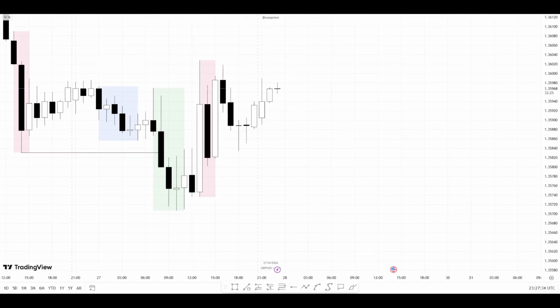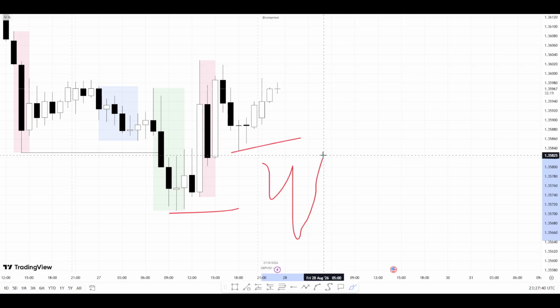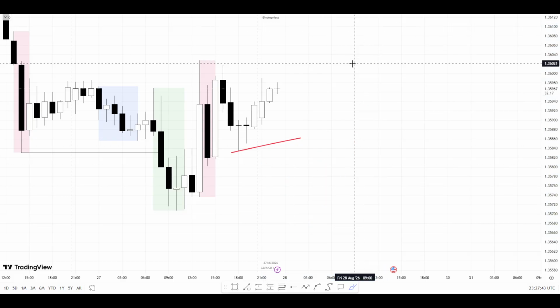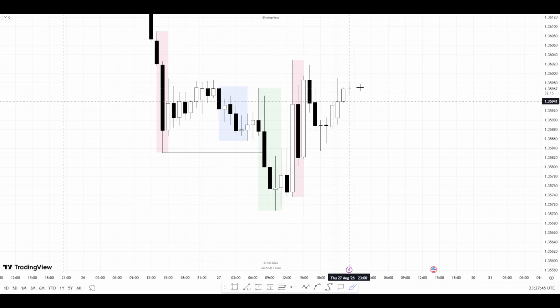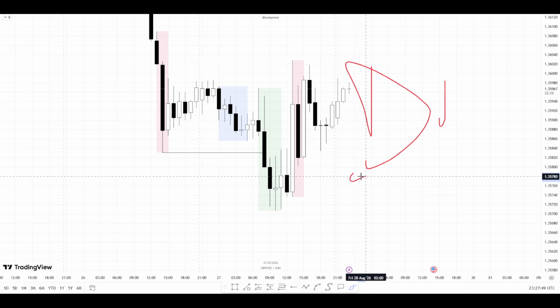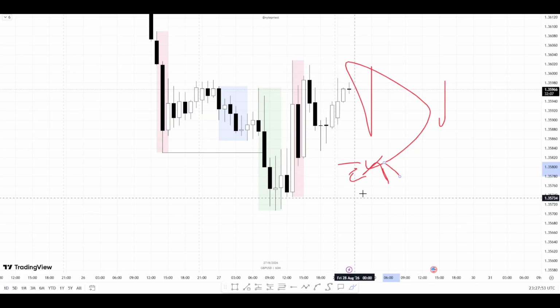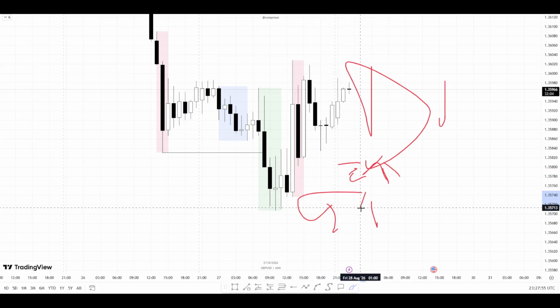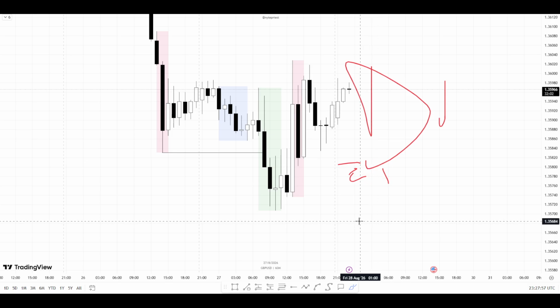So we'll be expecting price to sweep this low or this low and give a lower time frame shift or SMT to then trade to the upside. Okay. So DXY is bearish, Euro is bullish, and the same thing applies to the GBP USD, which is bullish. Okay.